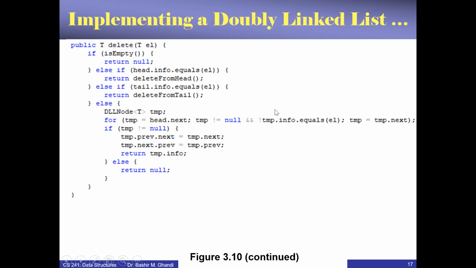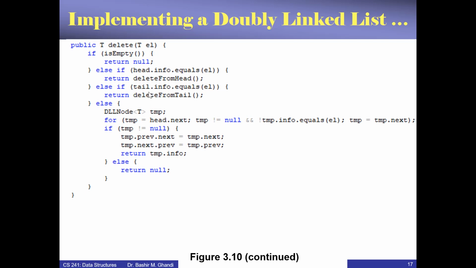If you recall, in singly, we had to actually use 2 references, pred and temp, so that when we reach the correct node, we can do the deletion by saying pred.next becomes temp.next. But here, because it is doubly, we don't really need to go with 2 variables.